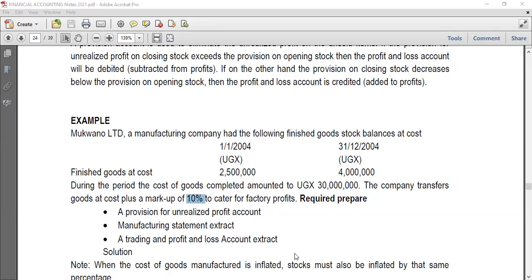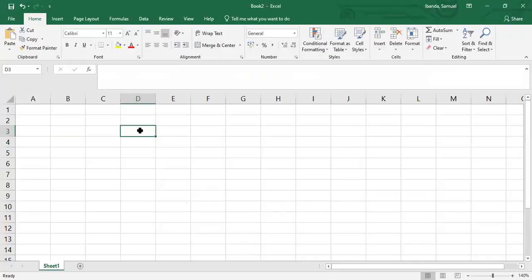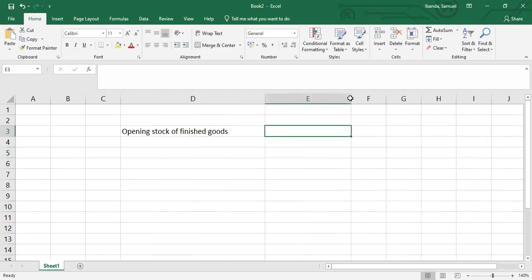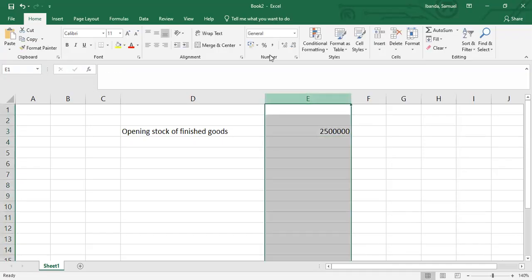So let me just get one of my cells here so we can basically do this. We have our opening stock of finished goods, and this was 2.5.